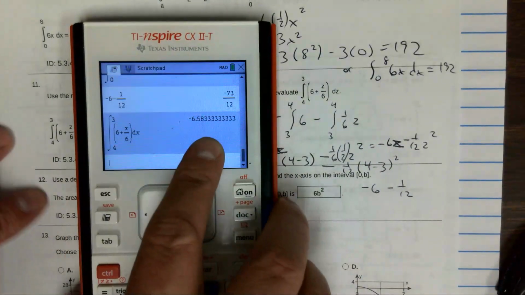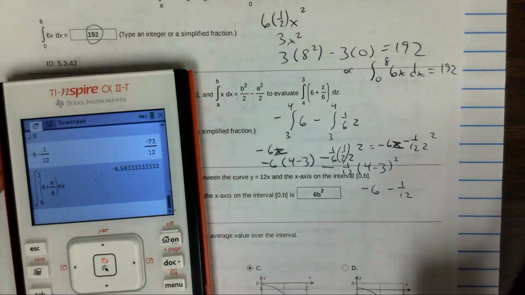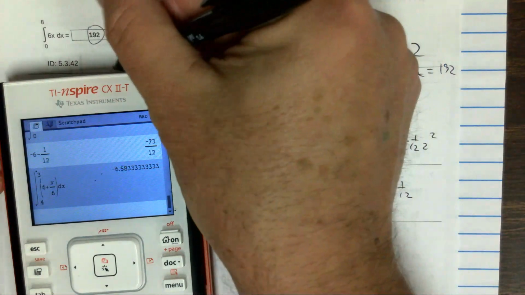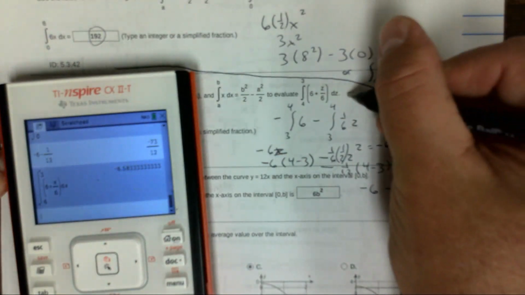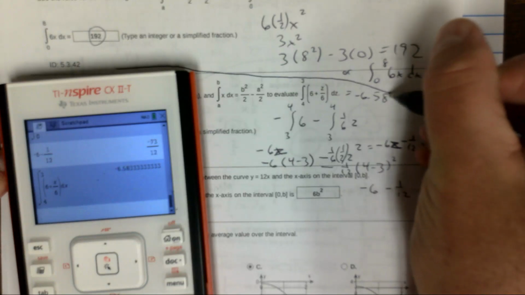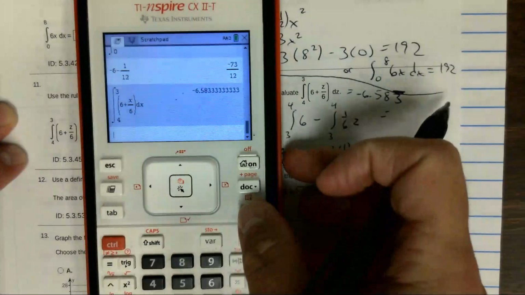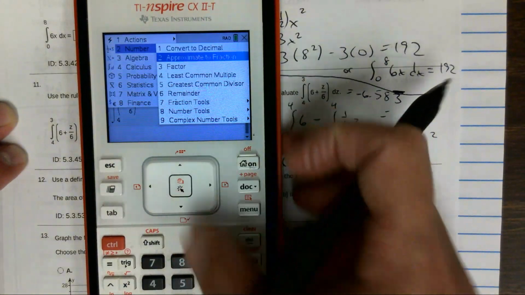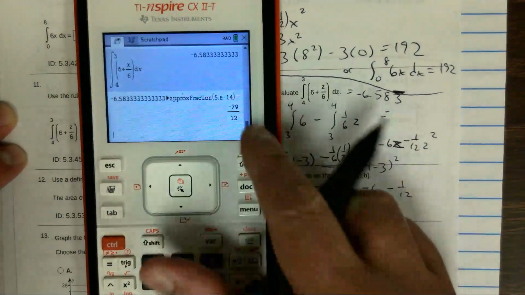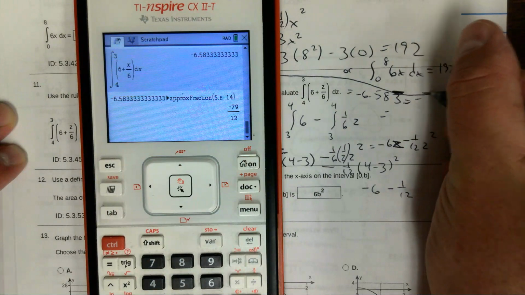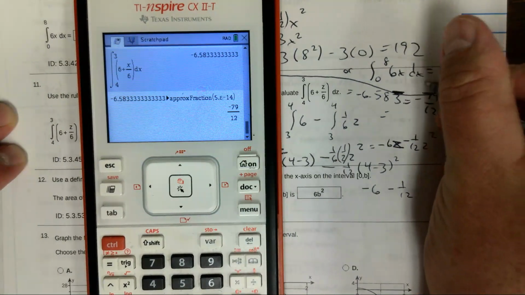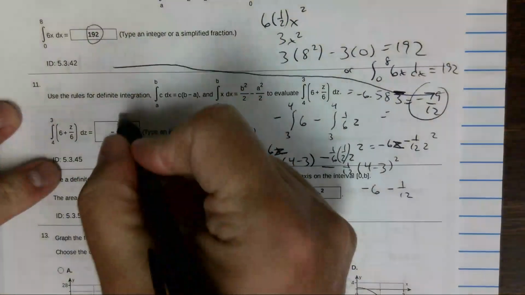Okay, so that gives me negative 6.583. And so then make that a fraction, menu number fraction, and I get negative 79/12. And that's what we want.